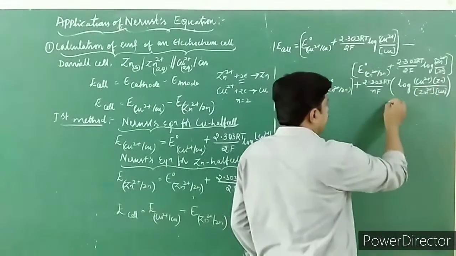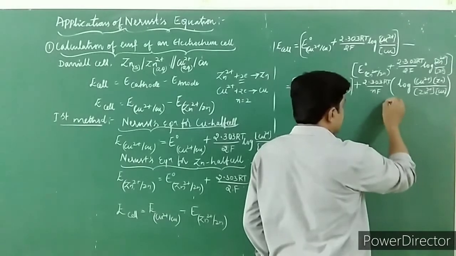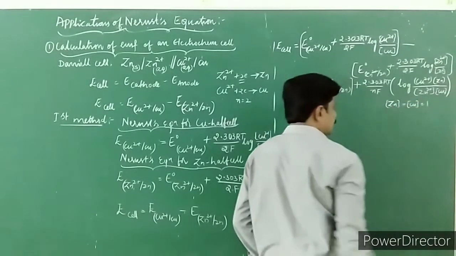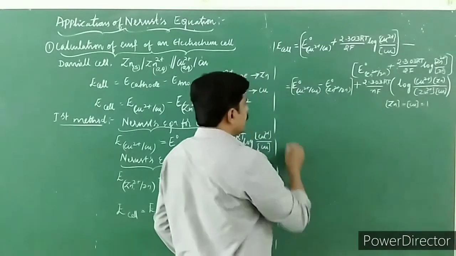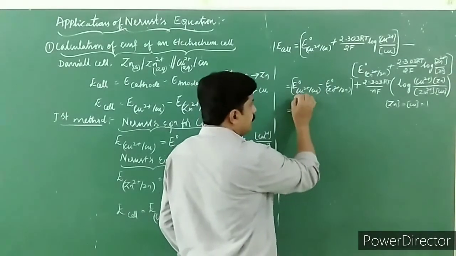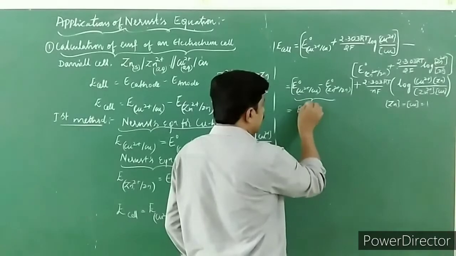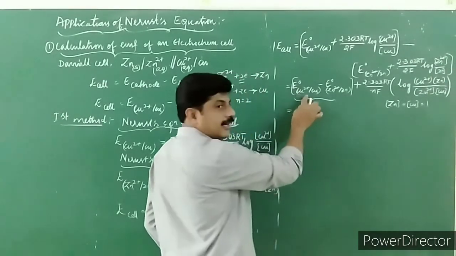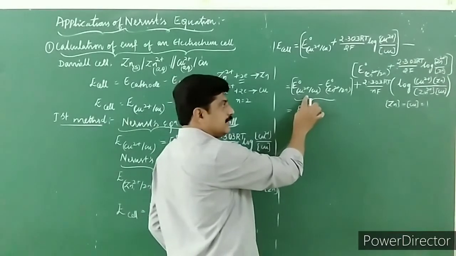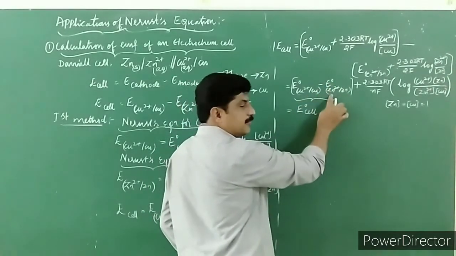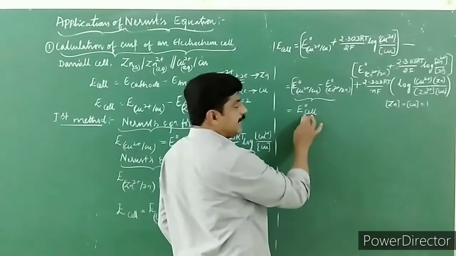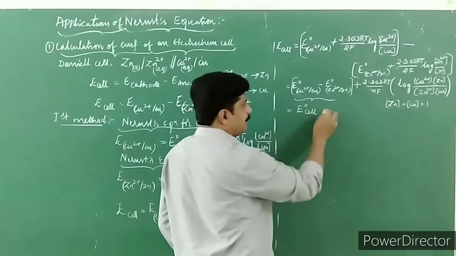Remember, the active mass or the concentration of zinc or any metal is equal to 1. So this will become E° cell. Tell me why? E° reduction potential of copper minus E° reduction potential of zinc under standard condition will be E° cell.